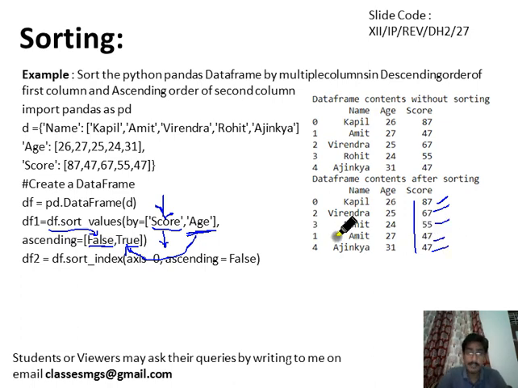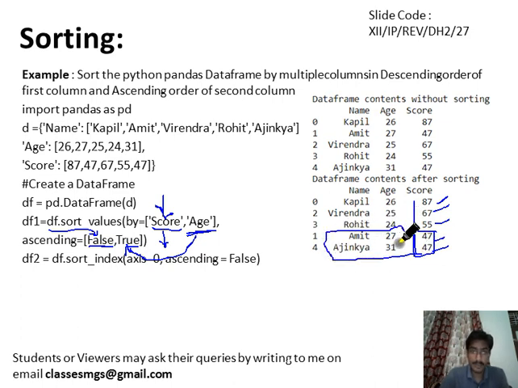Now, in multi-level sorting, keep this in mind: next level sorting will only apply wherever there is a match between two values, where there are similar values. Whenever there is a tie, only then second level sorting will apply.